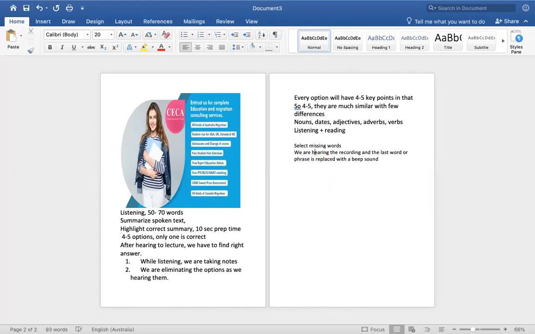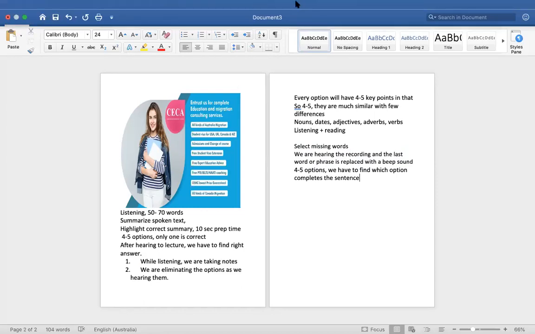So if the last word we are hearing is replaced by the beep sound, what is our task here? Again we will be provided with 4-5 options, and we have to find which option completes the sentence. Suppose the listening module of the PTE exam has 7 dash, and there is a beep after that.